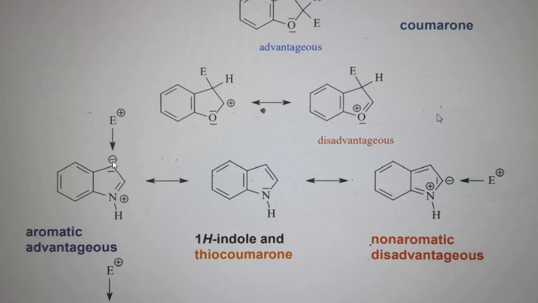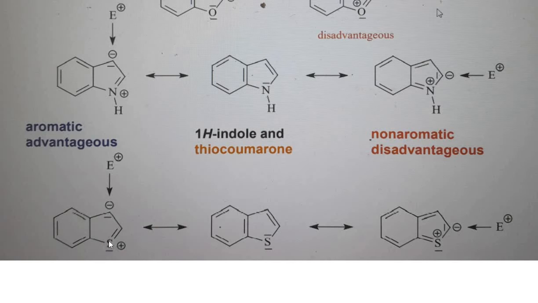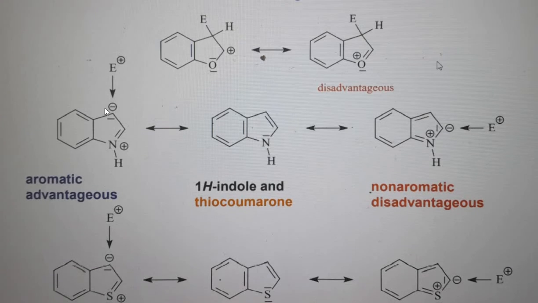So when the electrophile attacks here, at the 3 position, and when the electrophile attacks here in case of a benzopyrrole or benzothiazole, there are these 2 resonating structures, and another if the electrophile attacks here. That has non-aromatic disadvantages, and here you can see the aromatic advantages. So the 3 position is more preferred than 2.